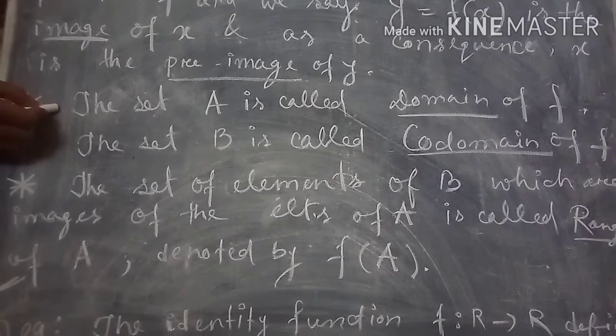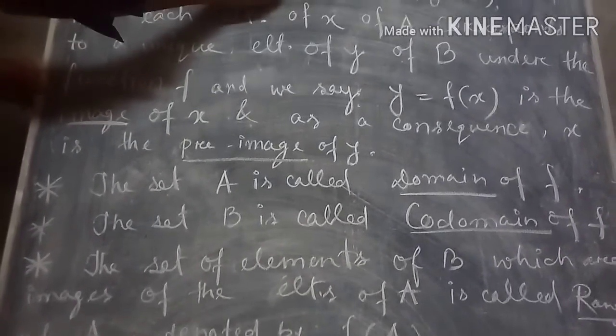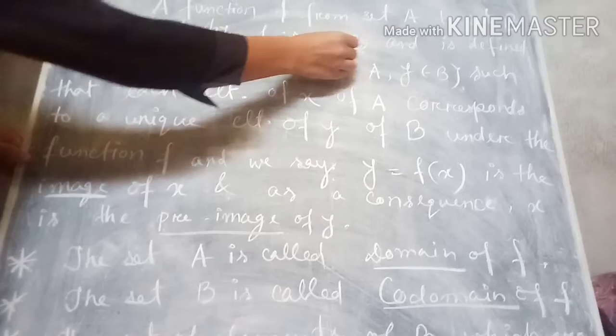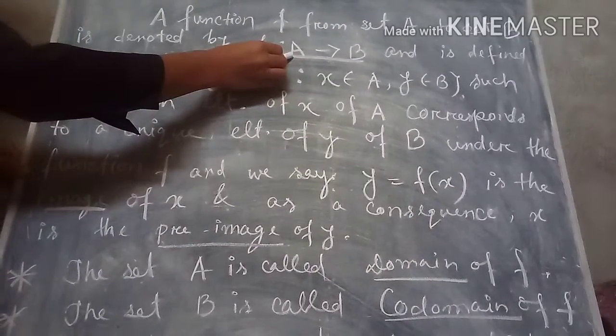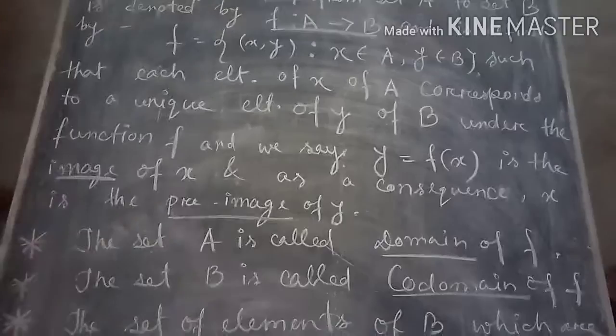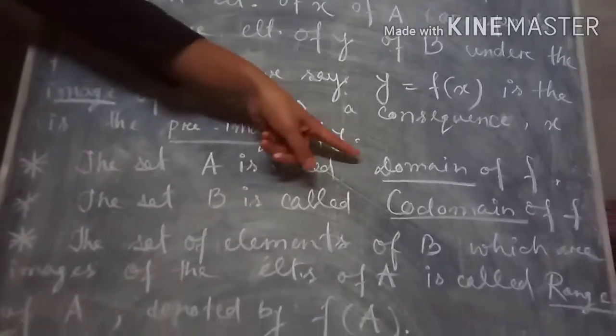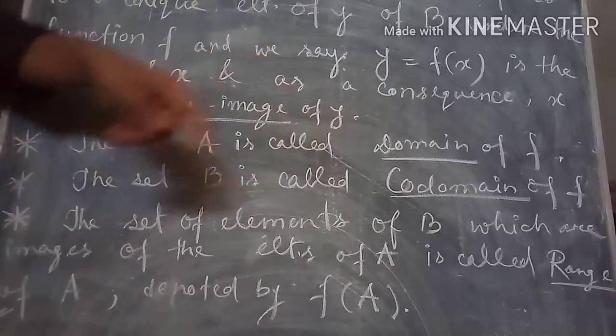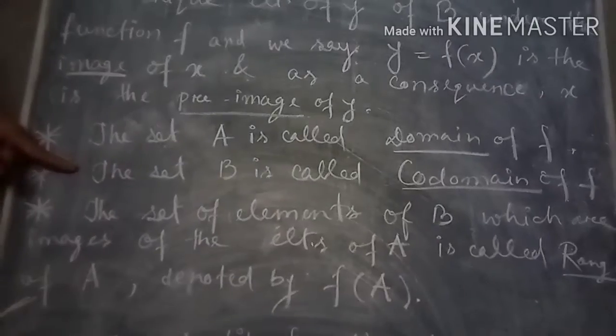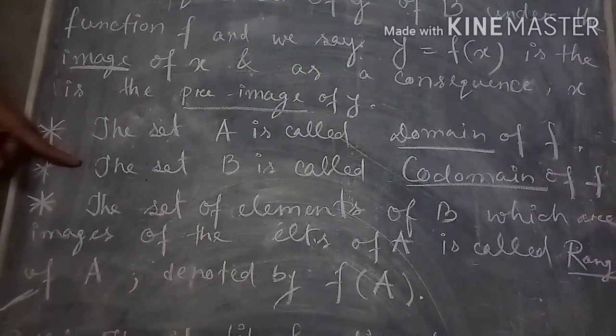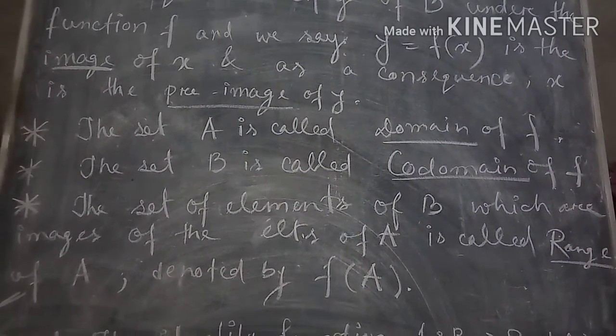So in the function f from A to B, the set A is called the domain of the function f, and the set B is called the codomain of f. Now what is range here?